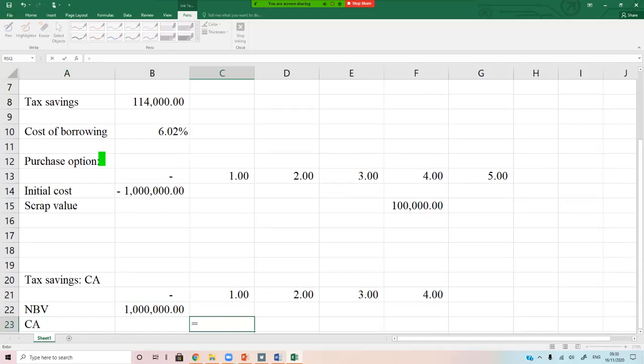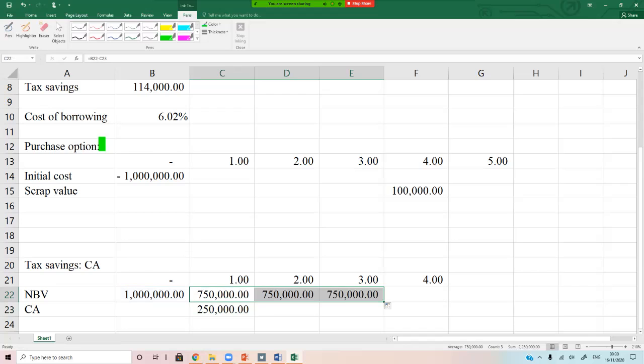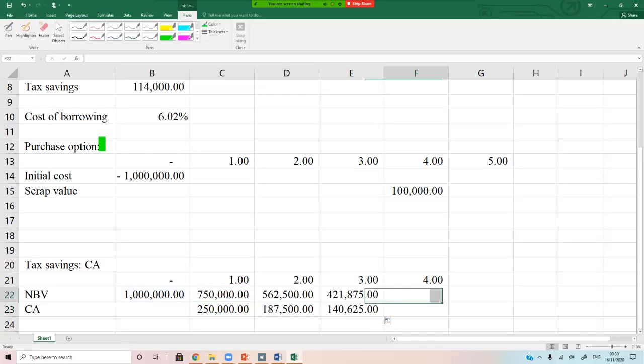But in year 1, you claim 25% of the value at the beginning of the year, which is 1 million. Therefore NBV at the end of year 1 will be 1 million minus the allowance you have claimed, which is 750. The formula here you can drag until year 3. Clear?